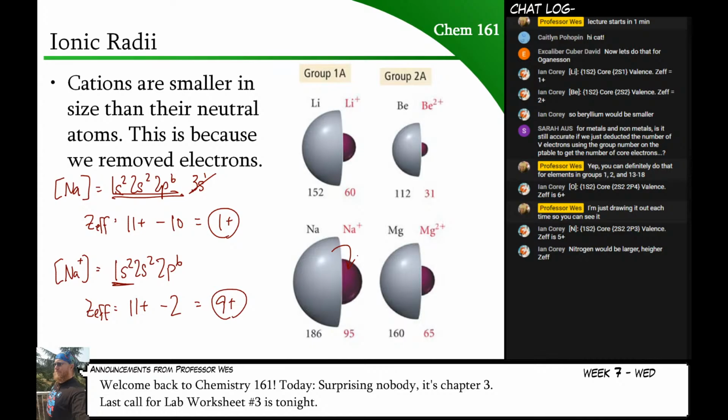Now, does it decrease by a factor of 9? No, not really, because... Excuse me, sorry, I'm just taking a drink of water here. It does not decrease by a factor of 9. What it does do is, relative to other things that have the same number of protons and electrons, it would be smaller because there are more protons in the nucleus, pulling those electrons closer and closer and closer.